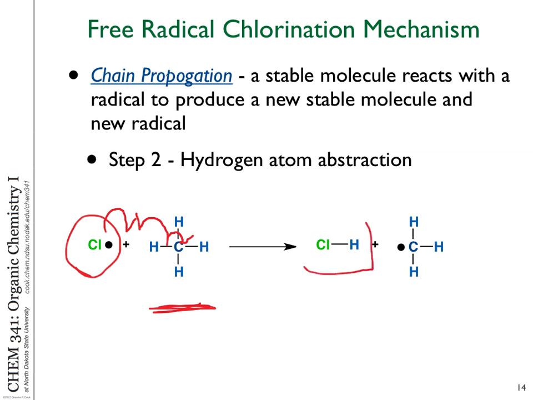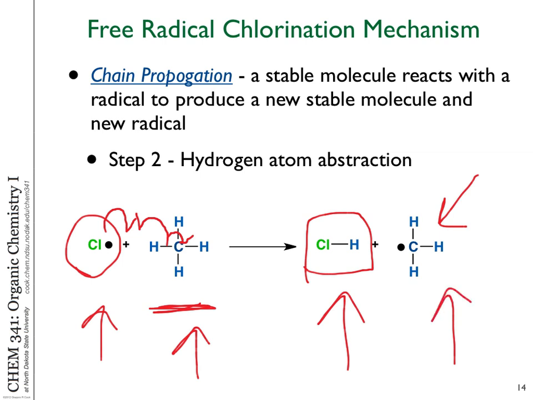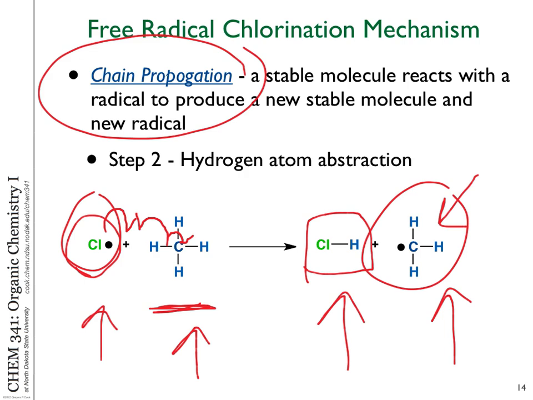That forms the HCl bond, and then we have left behind a carbon with one electron. So we've taken a radical species and a stable molecule, and generated a new stable molecule and a new free radical. We start with a reactive intermediate and we've generated a new reactive intermediate. It's a chain propagation type of process.